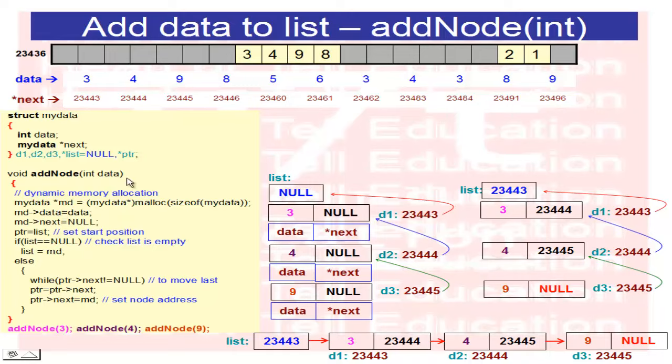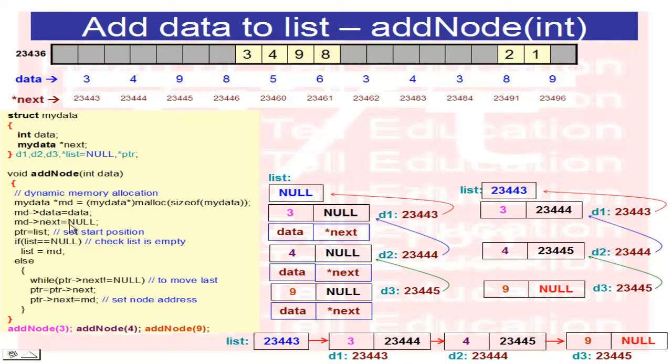Okay, so it checks for free or unused memory allocated to the memory allocation pointer md. Now I assign the data value, so 4 is assigned here, and next is assigned null because this variable is newly created. A garbage value is assigned here by default, so I am using null.